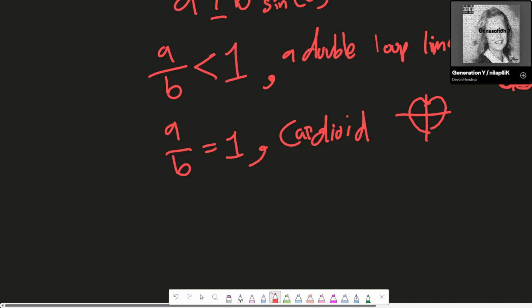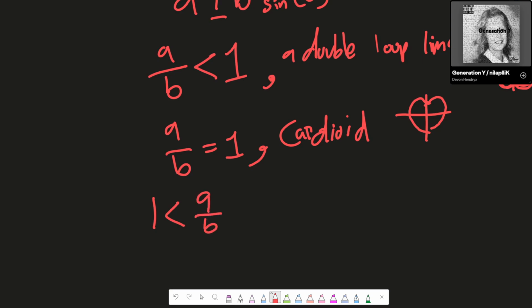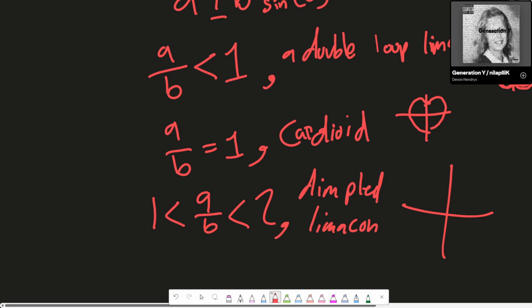Next, when a over b is greater than 1 but less than 2, in that case you'll get a dimpled limaçon. When you draw it out, it's nearly a circle, but there's a small peak there, and boom.